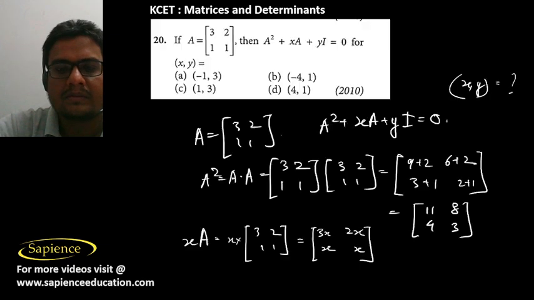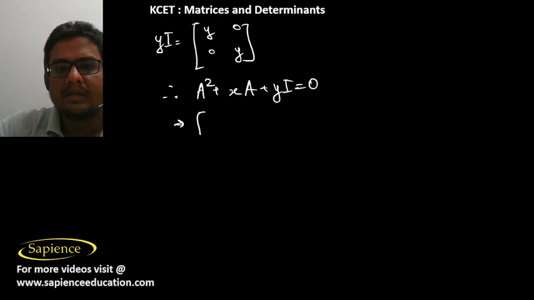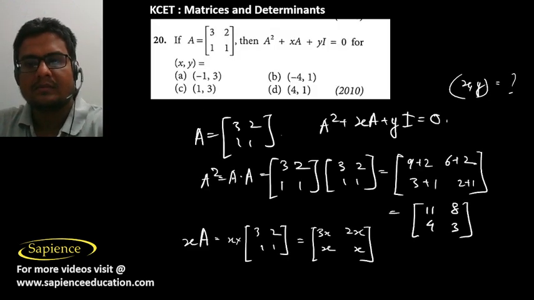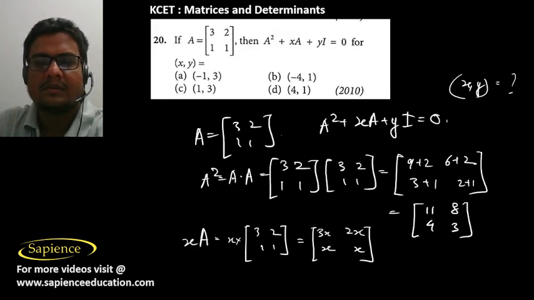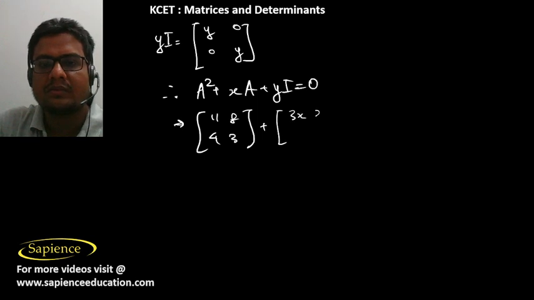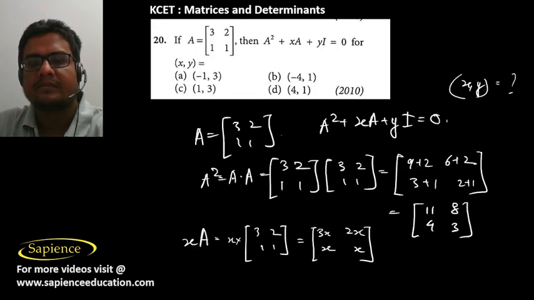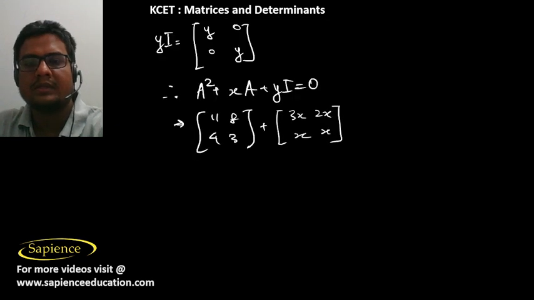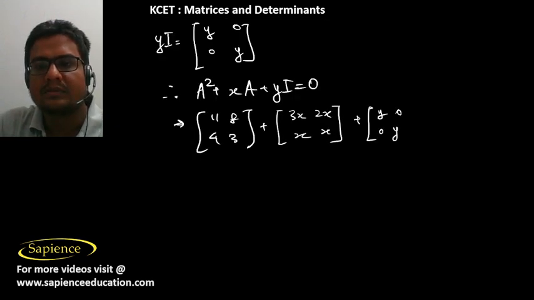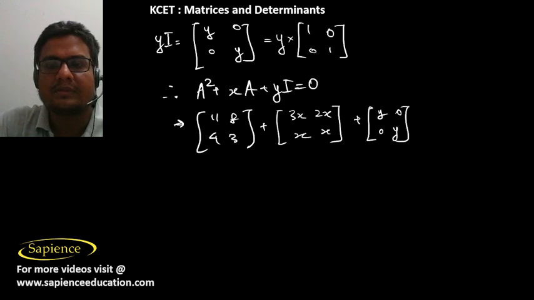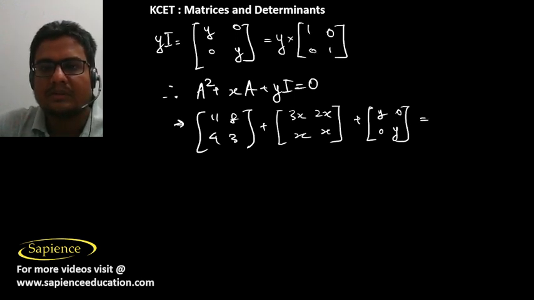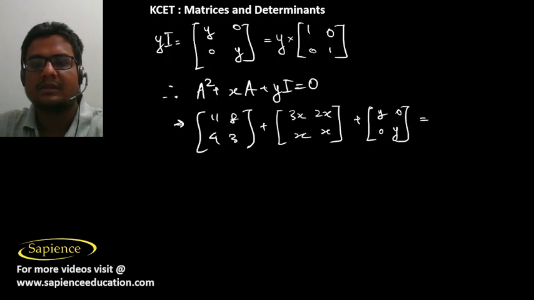So it means that we have to add, so a square that is [11 8; 4 3] plus xa that is [3x 2x; 3x 2x] and plus yi, that is [y 0; 0 y]. Since yi is equal to y into the identity matrix, which is [1 0; 0 1], that is equal to the zero matrix or the null matrix, that is [0 0; 0 0].